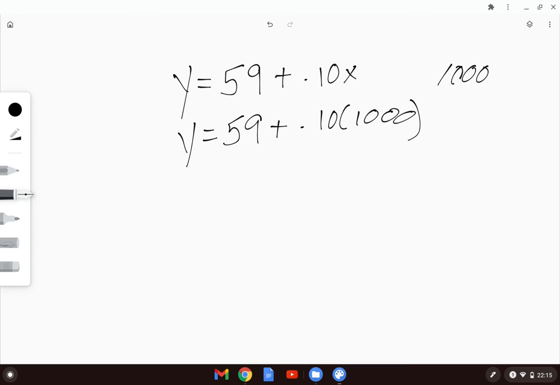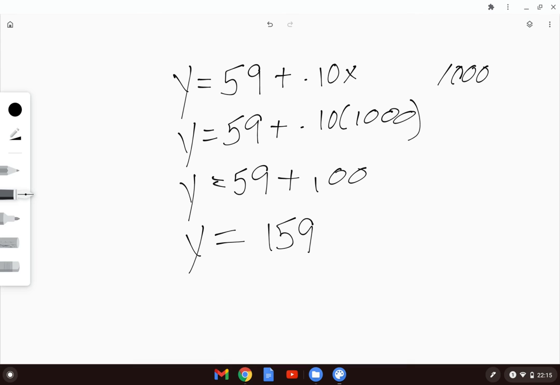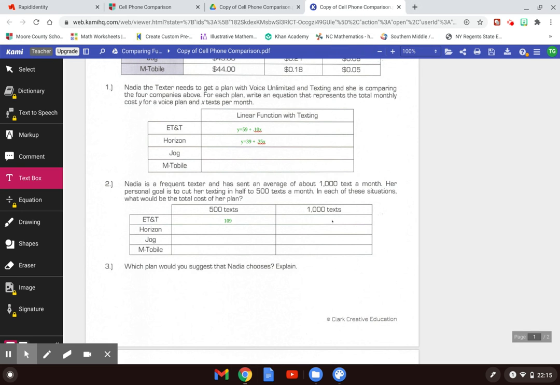Okay, so then 1,000 times 10 cents is 100. All right, so Y equals 159. All right, so that's what you're going to compute for each of these.